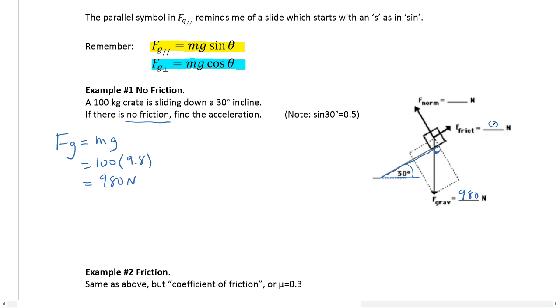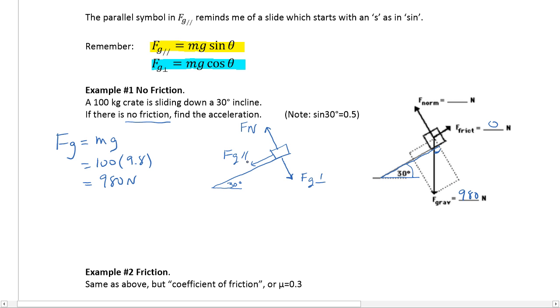So I'm going to draw this diagram again. And here again is my 30 degrees, and here is my box, there's my crate. And I'll draw the normal force just like before, Fn. The friction I won't write in this one. Now instead of writing the force of gravity, I'll do Fg perpendicular and I'll do Fg parallel.